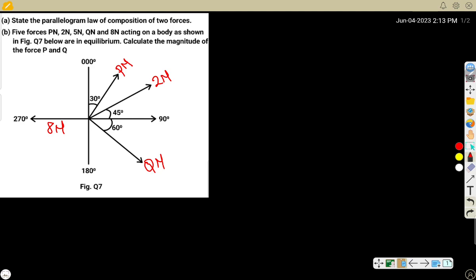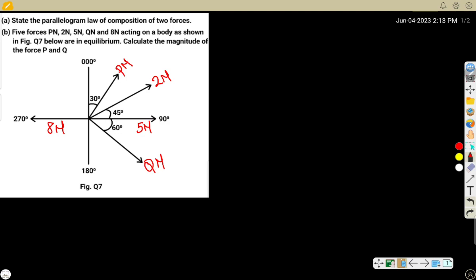So those are the forces we have, and the force here at this 90 is 5 Newton. So like that. Now those are the forces we have in the question: P Newton, 2 Newton, 5 Newton, Q Newton, 8 Newton.